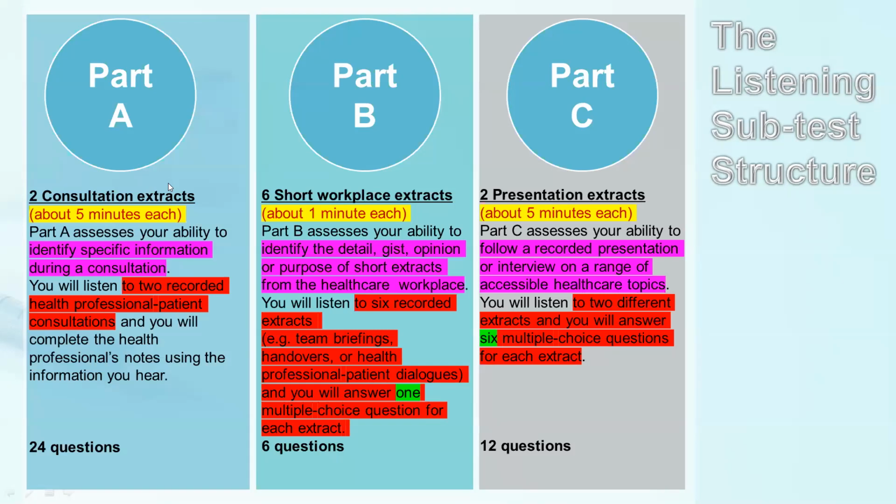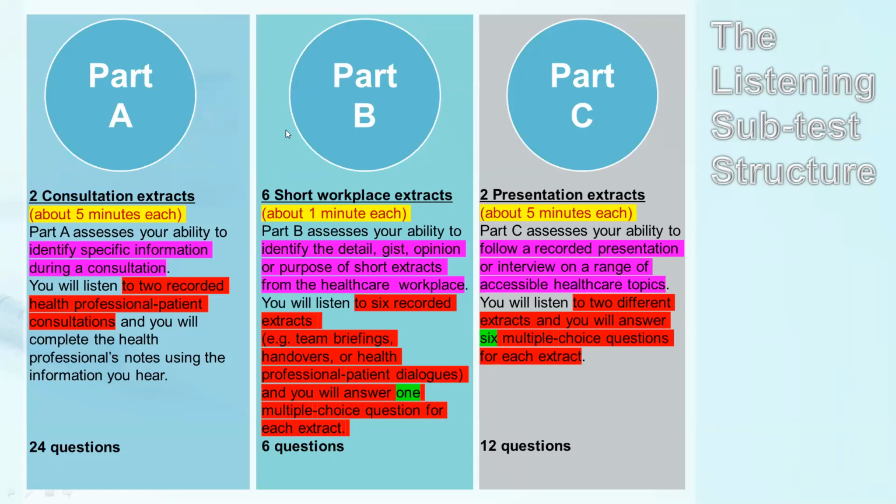Part A assesses your ability to identify specific information during a consultation. You will listen to 2 recorded health professional-patient consultations, and you will complete the health professional's notes using the information you hear. The sum of questions in this part is about 24 questions.